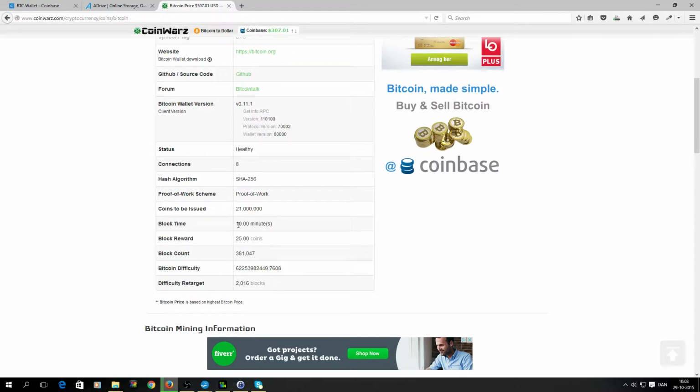This is an average time for Bitcoin. I think it's rather accurate, because there are so many miners, it gives a rather stable amount of mining power into the network.